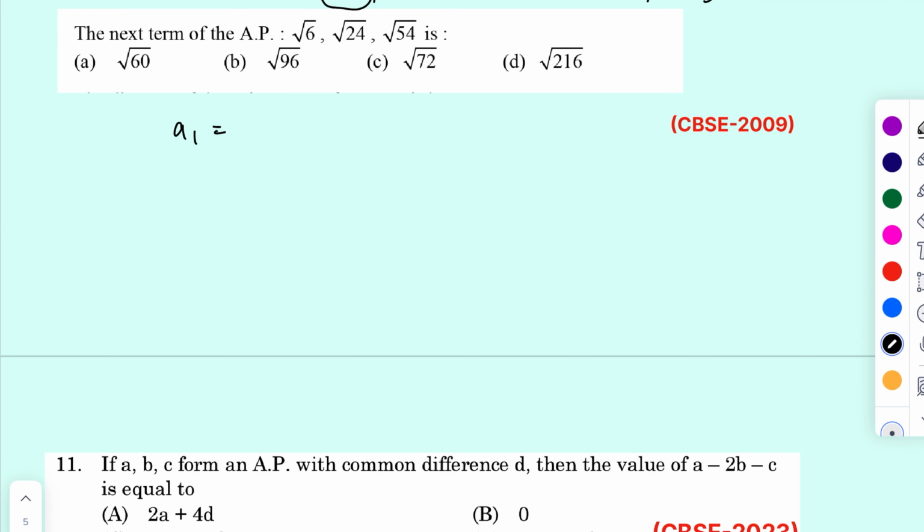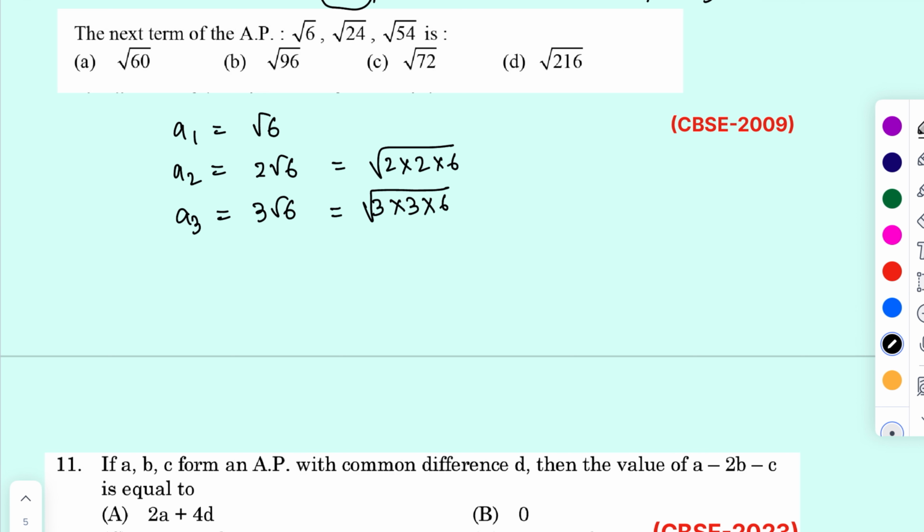Similarly, the next term of this AP: the first term a1 is equal to root 6, second term a2 is equal to square root of 4 into 6, that is 2 into root 6, a3 is 3 into root 6, because this is 2 into 2 into 6 square root, and this was 3 into 3 into 6 square root.